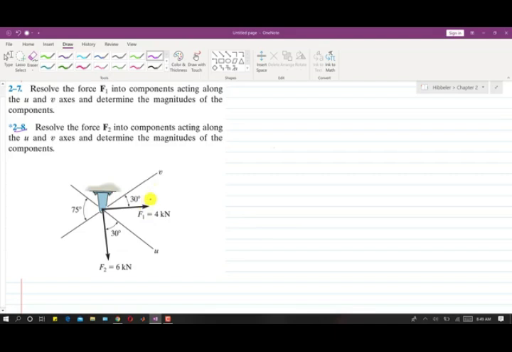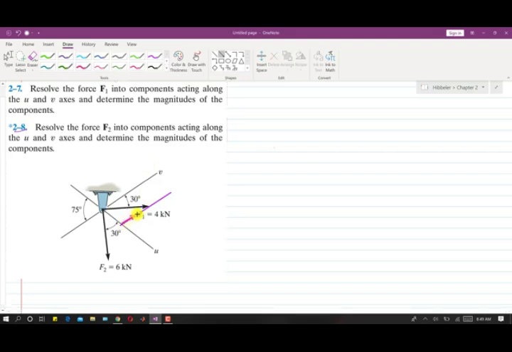So first I will find the components of this F1. So to find the components of this F1, what I will do, I will draw a line parallel to this V axis and I will move this line until the head of this F1, right? So I will place it here and then I will be able to draw the component of this F1 along the U axis, right?